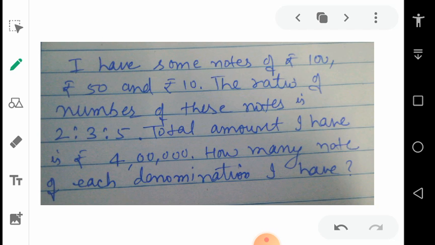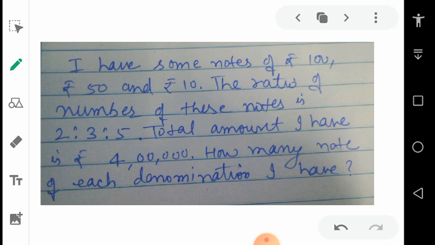So there should be a proper relation between the input and outputs, as in the case of a computer also. This question is a bit complicated but not very hard. Now as the ratio is given, just consider it as 2x, 3x and 5x. But here the notes are of different denominations.